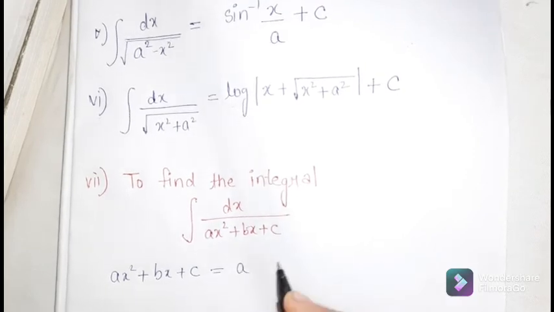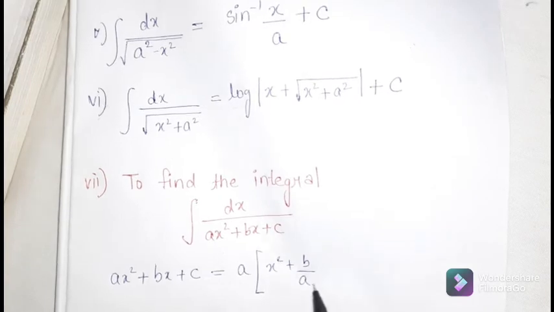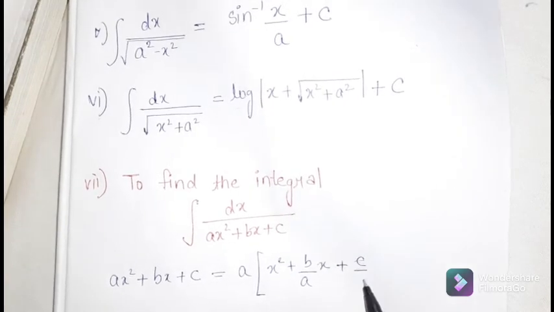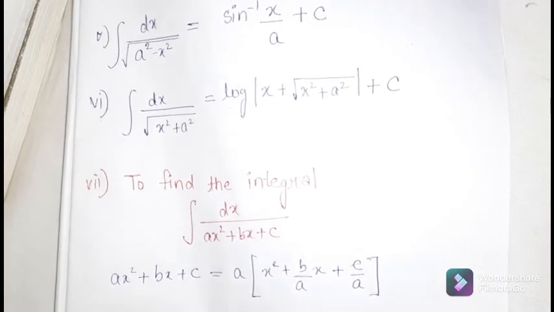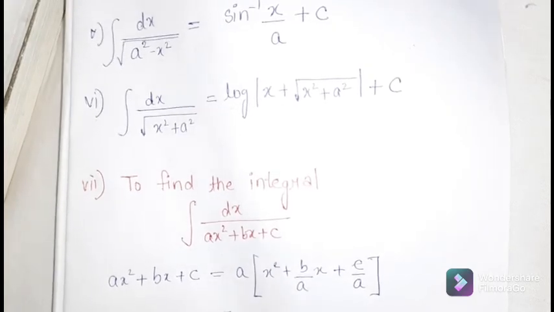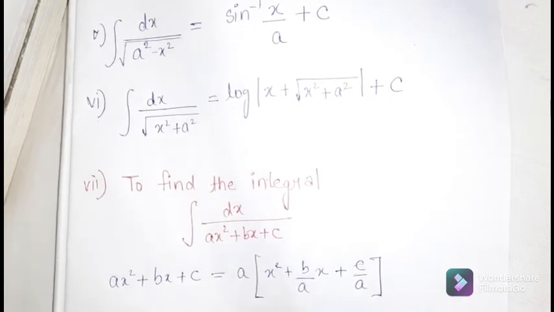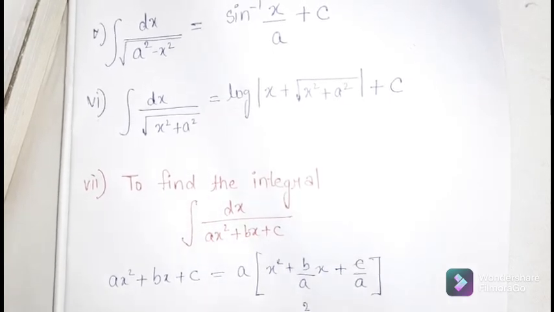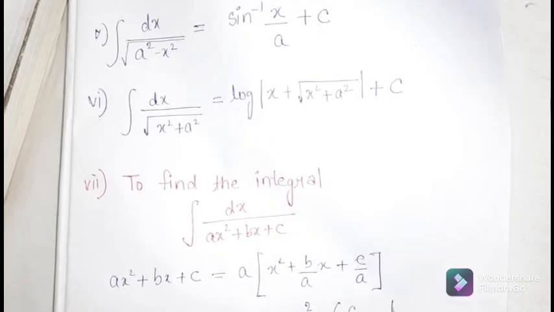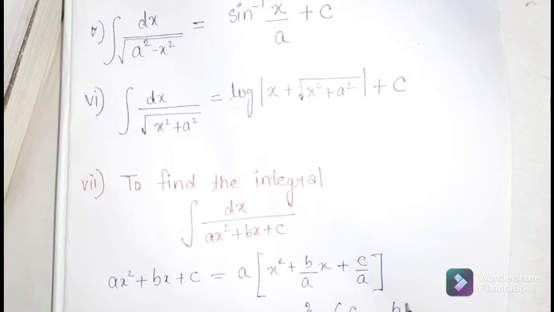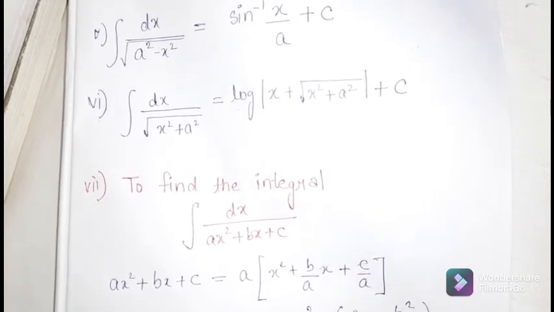If you take a common, you remain with x square plus b by a x plus c by a, and it can be written as a times x plus b by 2a whole square plus c by a minus b square by 4a square.